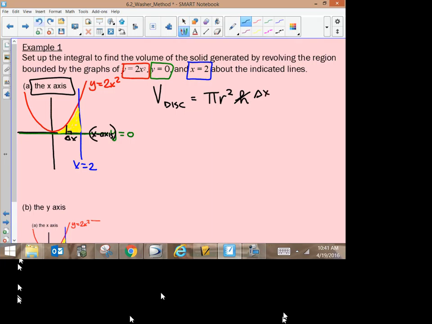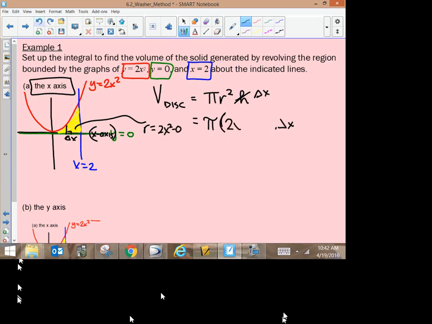All right, so what's R? What is R? 2x squared minus 0. Very good. So we would probably just leave that out of there.